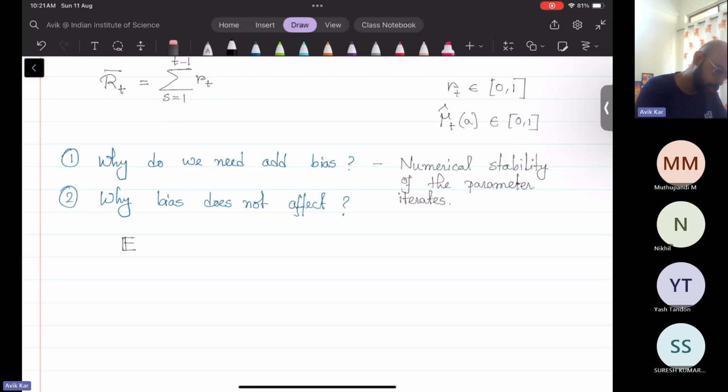So, given the policy pi theta, we're taking the expectation of RT.